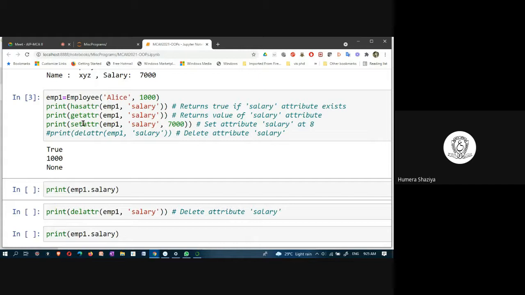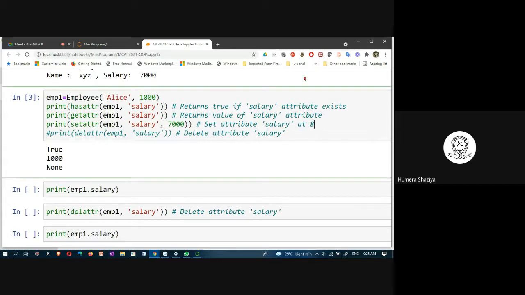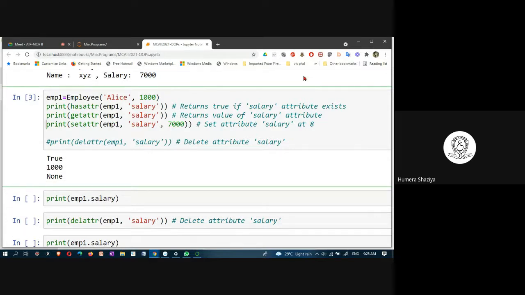And setattr is modifying the salary. After modifying, let us print again.